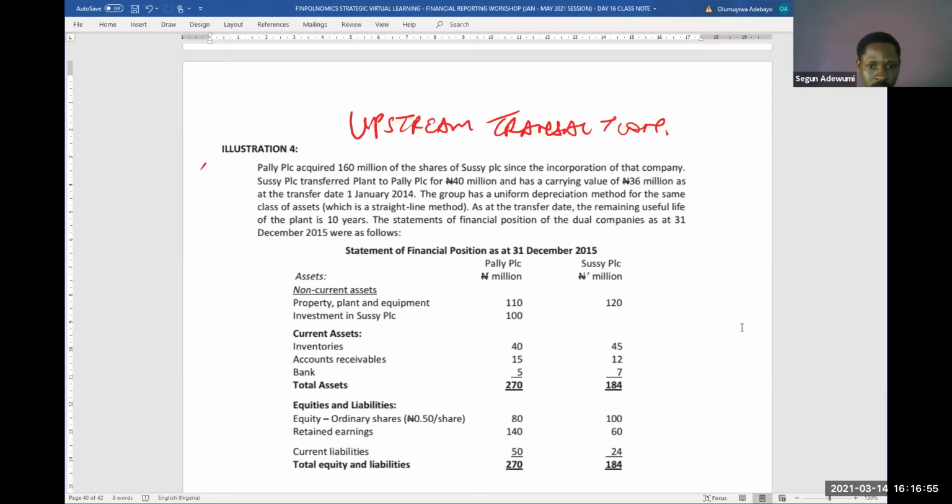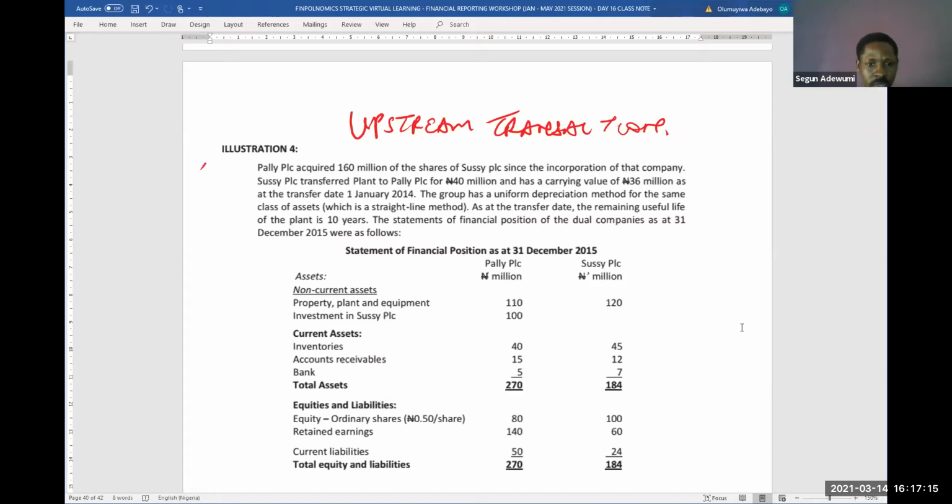The group has a uniform depreciation method for the same class of assets, which is the straight line method. As at the transfer date, the remaining useful life of the plant is 10 years. The statements of financial position of the dual companies as at 31st December 2015 were as follows.